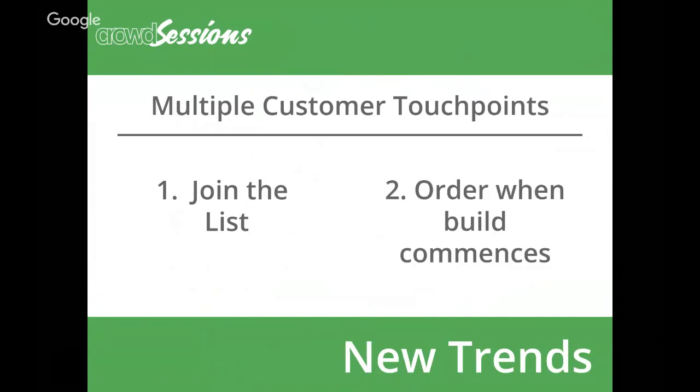So one of the things that we've started to see our customers do is to say, you know what, let's take some time and work with people over time. So let's start and ask them, for example, to join a list or sign up on CrowdFiber, or register on CrowdFiber.